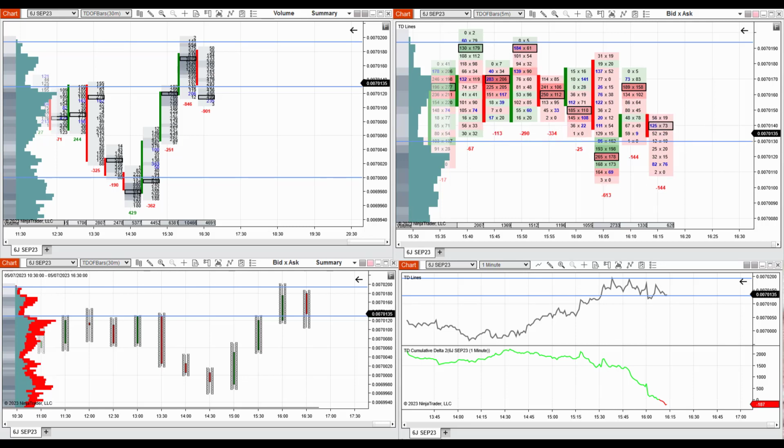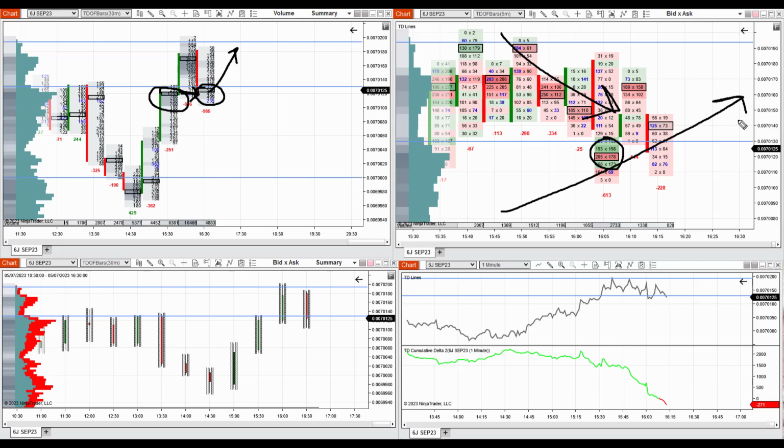On the other hand, there was a support in here, and the price made a confirmation, order flow setup confirmation, that was the absorption setup, telling me that buyers are buying and they will possibly push the price upwards. So one thing is telling me down, the other thing is telling me up. And because this was second half of my position, I decided to quit the trade, not to risk it.